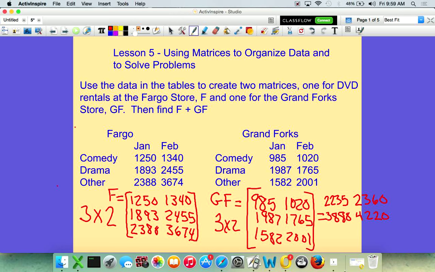And then we just add up our other two, as you can see. I'm going to skip that part for now, though. But all you do is we would just add the 2388 plus the 1582 and the 3674 plus 2001. Alright, this is important to see because now between our two stores here, we can see all of the different rentals that we have here, for each one of the different situations.